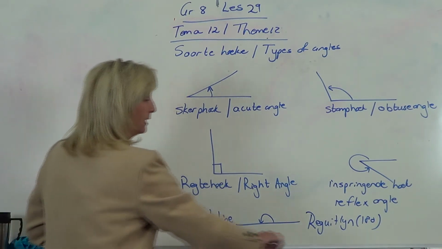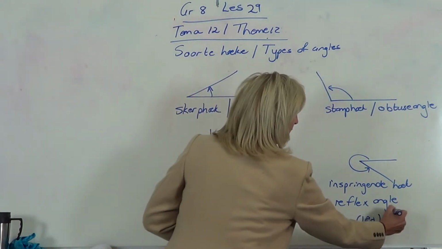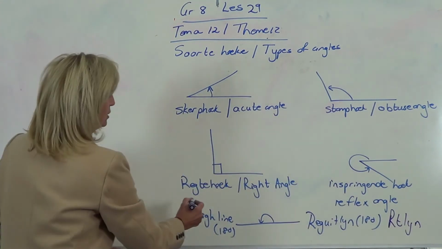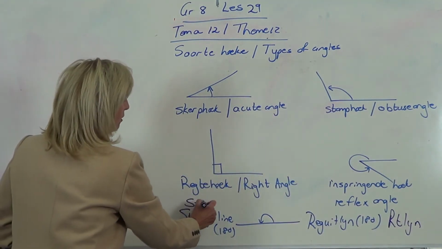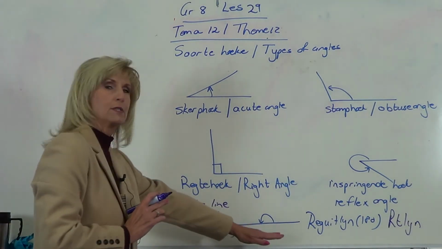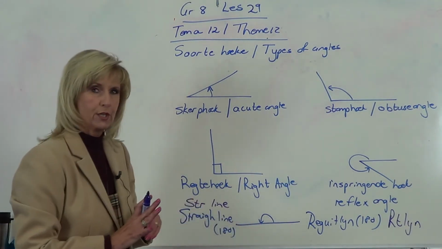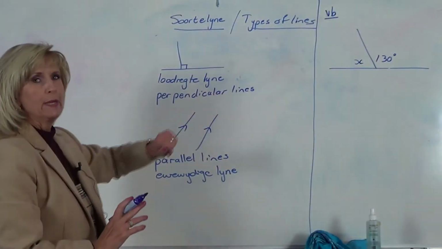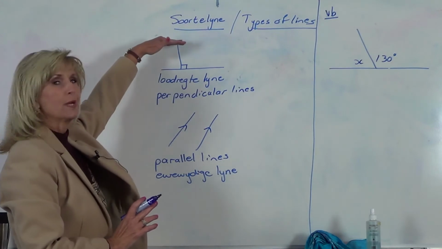Jou afkortingkie daarvoor gaan jy sommer net lekker skryf RT line. And for English, you're just going to write STR line. That is accepted in mathematics up until matric for your abbreviation. Goed. Uitvee.